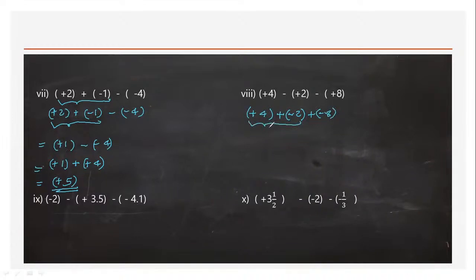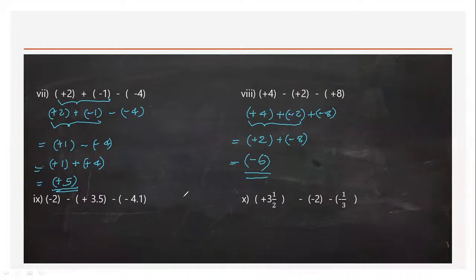When adding different signs, you have to take the difference. 4 subtract 2, plus 2, here plus minus 8. You can take the difference of these two, that is 6. Next question, that is minus 6 here.